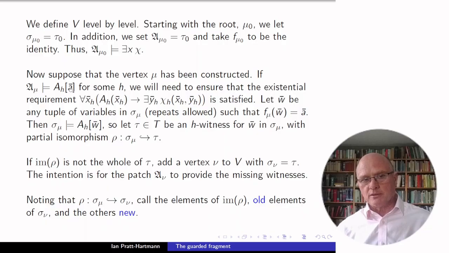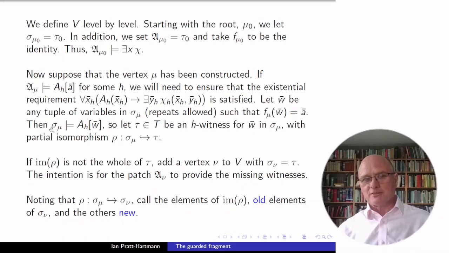Well, since we have a tuple of elements satisfying AH, and since sigma mu and A mu are going to be isomorphic, we can find a tuple W bar of variables in this type, such that the isomorphism takes the tuple W to the tuple A. So in other words, the type sigma mu will ensure that the tuple W bar of variables satisfies AH.